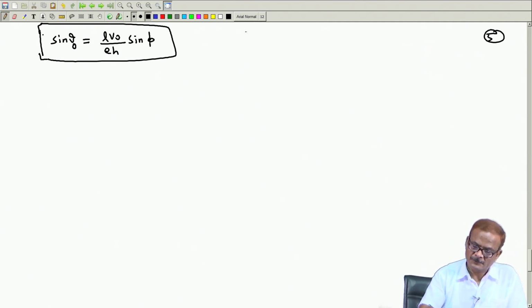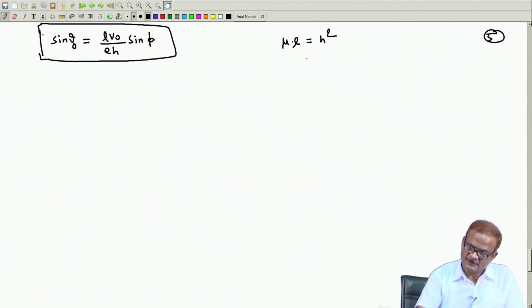Now, also we remember that mu times L is written as h square. So, we need to eliminate some things here.